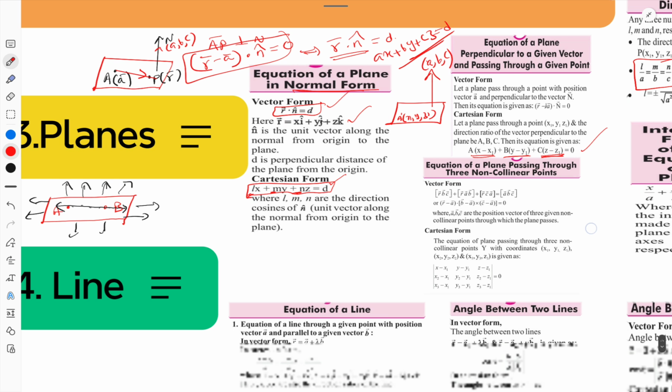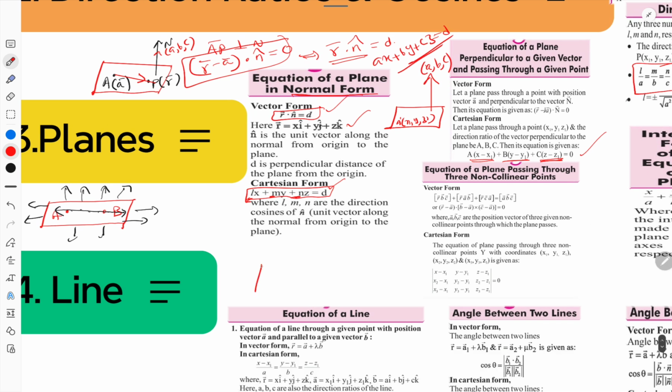Similarly, suppose you have a plane and you are given two lines which are parallel to the plane. Let us call them b bar and c bar, and the plane is passing through some point A, x1, y1, z1, with position vector a bar.